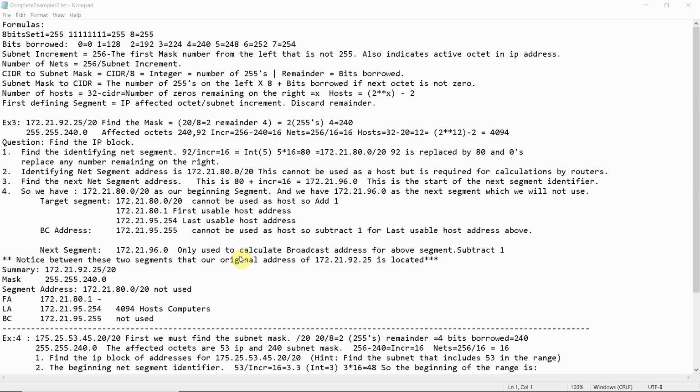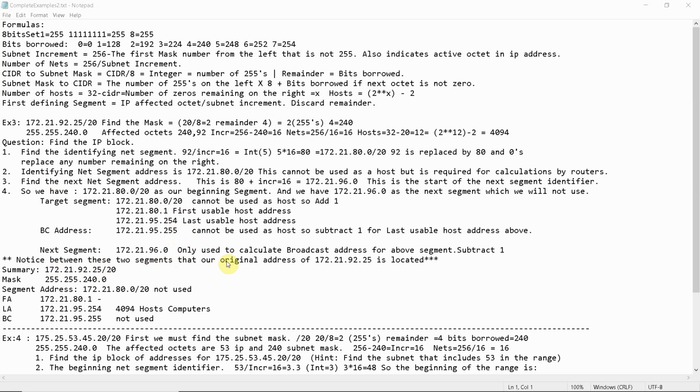Okay, go to the last segment. We're going to subtract 1 from this. Again, subtract 1 from the active octet, which is the third one over, if you remember, starting way back up there. So we subtract 1 from 96. We get 95. The 0 becomes 255. We subtract 1 from 255. We get 254. We're done.